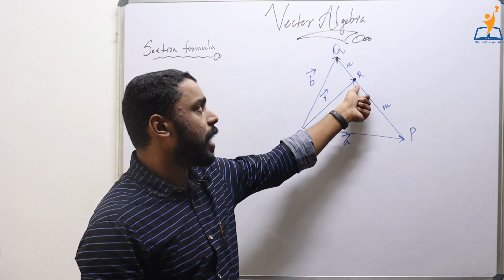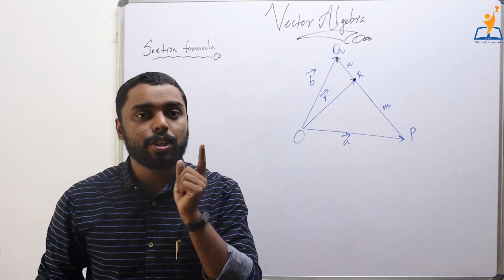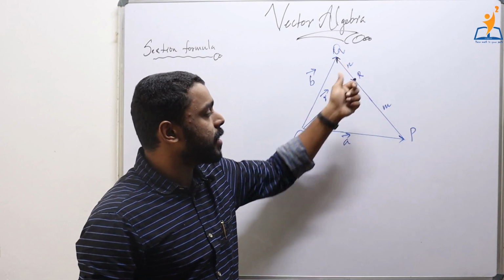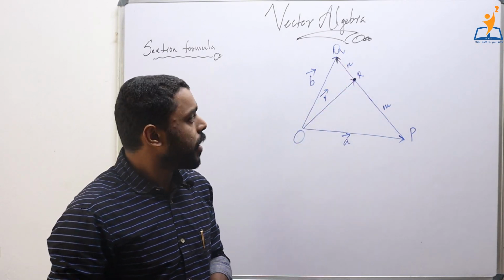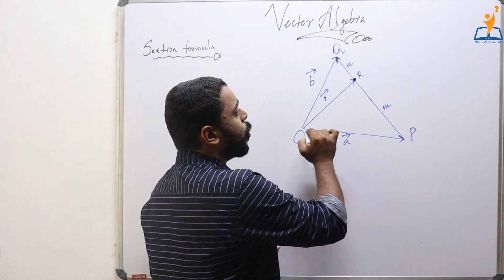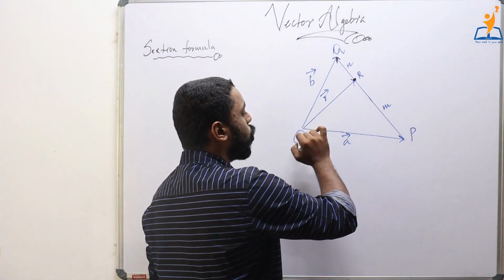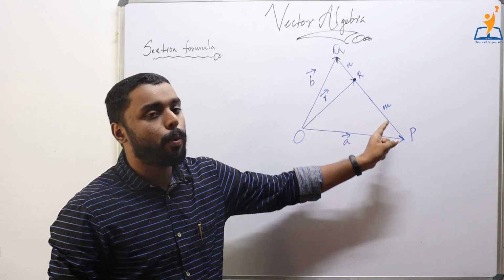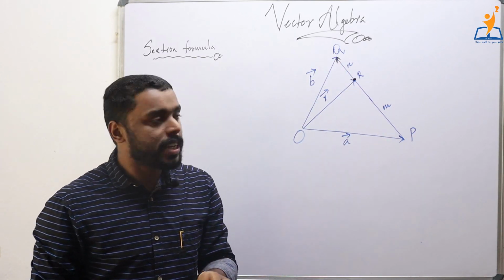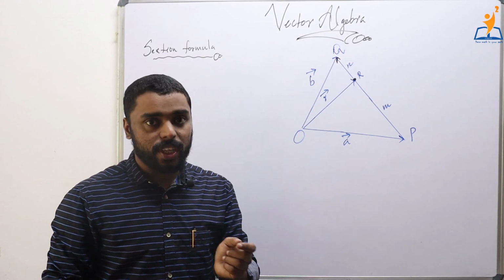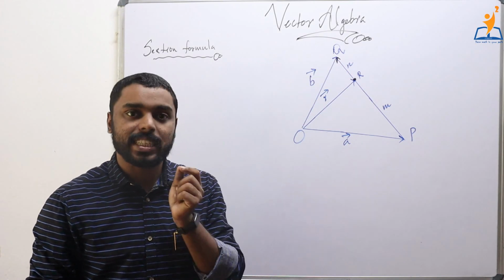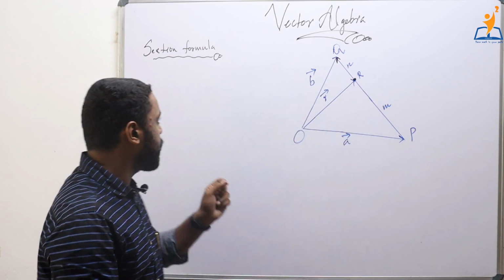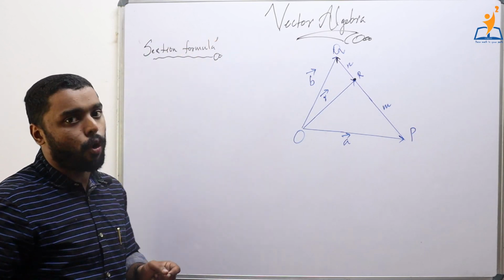Now we have to find the position vector of the line joining the origin O and the point R. We are provided with only 2 points, and we are asked to find the position vector of R, where R divides the line segment in the ratio m:n. The formula for that is named the section formula.